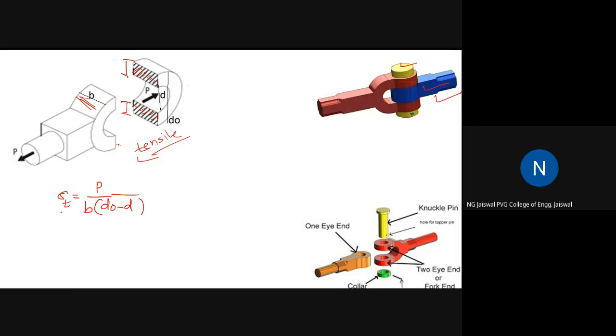Now if we want to equate it to the permissible, we'll say sigma T is equal to permissible. Who will give the permissible? The permissible is given by the material and its factor of safety. That we'll see. But this is known, equal to P upon the remaining things.